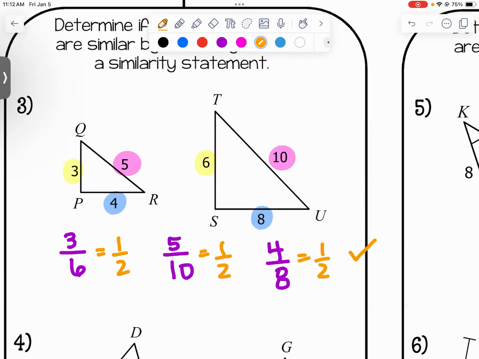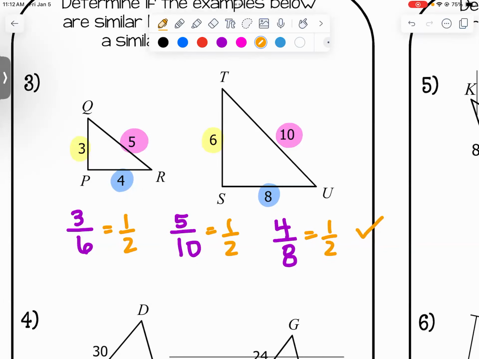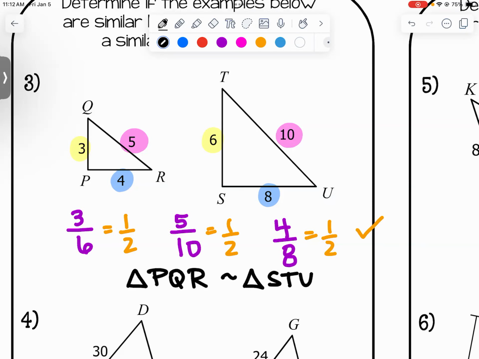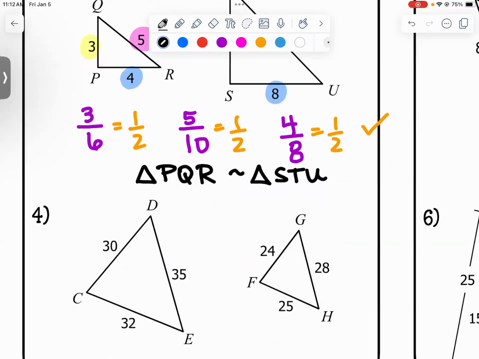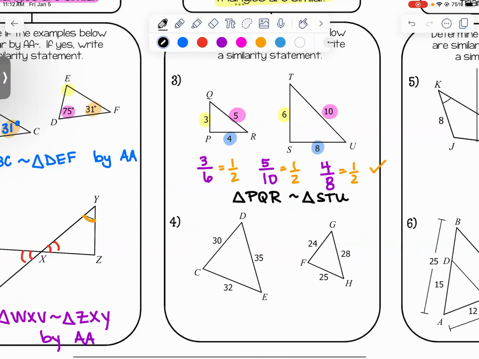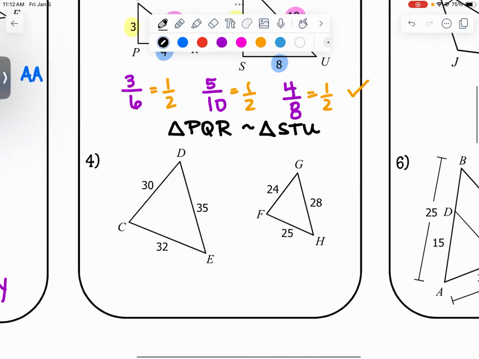This means our sides are proportional, and we can say that triangle PQR is similar to triangle STU.